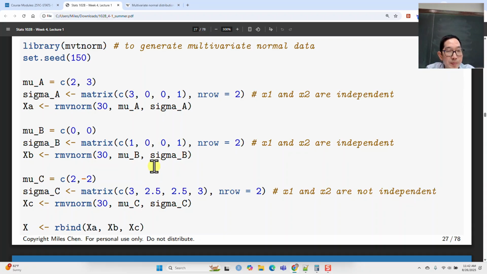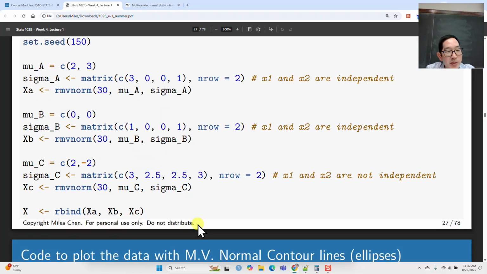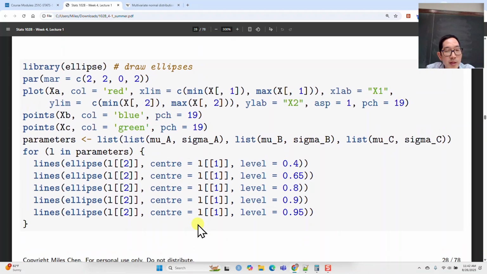So I'm going to generate 30 points from each of these distributions. These are just random points, and I'm going to plot them. I'm also going to plot these ellipses, which are the theoretical multivariate normal distributions at the 40th percentile, 65th percentile, 80th, 90th, and 95th percentile.